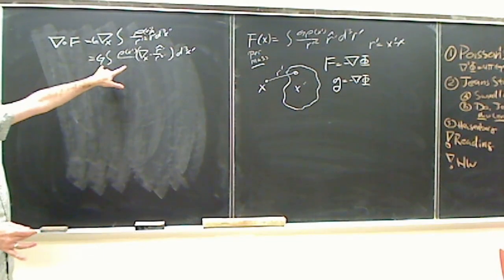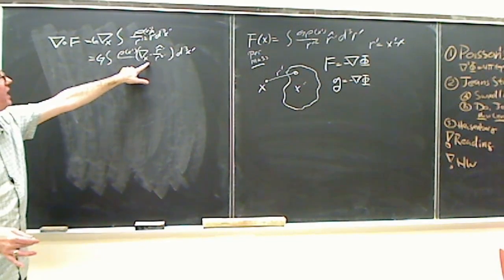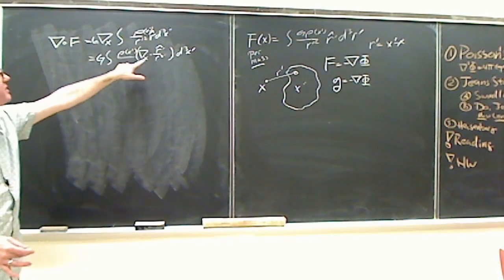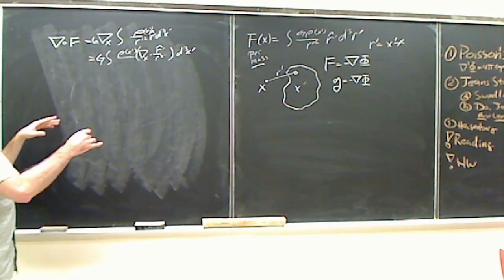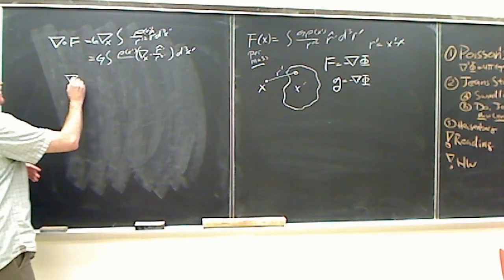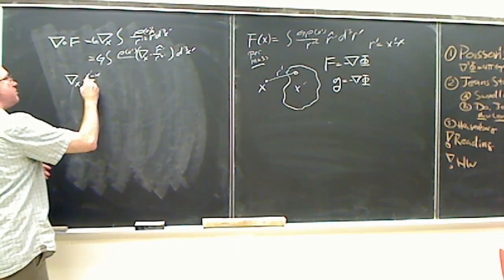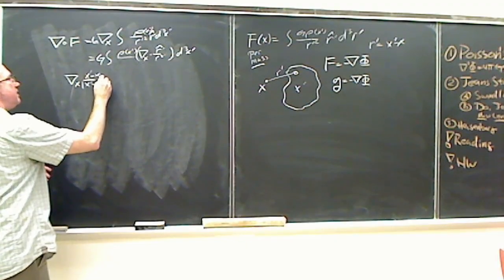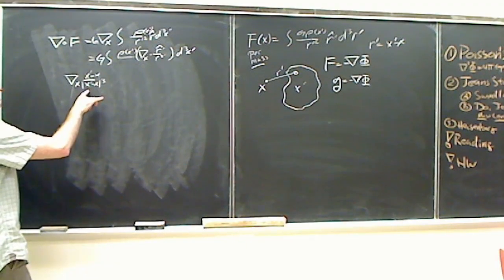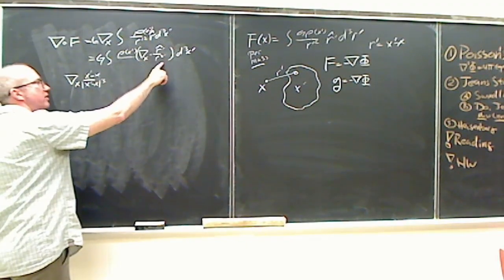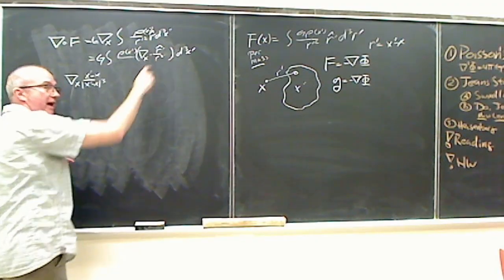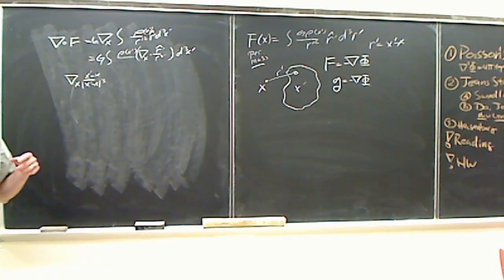So anyway, now we got to deal with this thing in here. So now I've got grad x of x prime minus x over x prime minus x cubed. Why did I write it this way? Because this is r hat over r squared, and r hat is r over the magnitude of r.